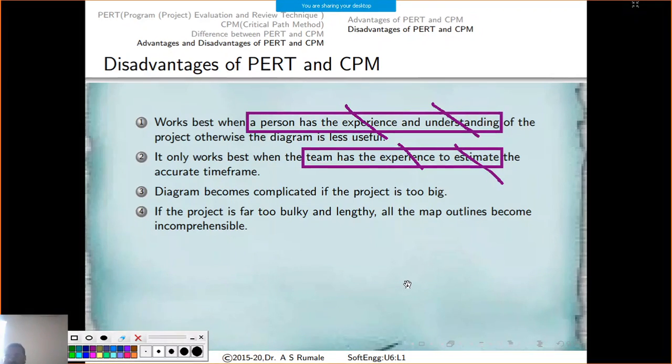The fourth disadvantage of PERT and CPM is that if the project is far too bulky and lengthy, all the map outlines become incomprehensible. Obviously, if it is too bulky, it means it is a very big project, so it becomes unnecessarily complicated, and it becomes bothering to the participants, and the project may fail.